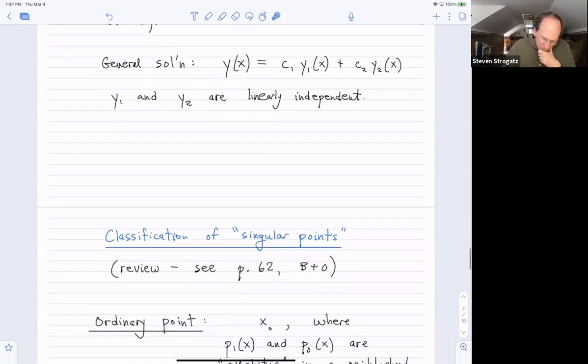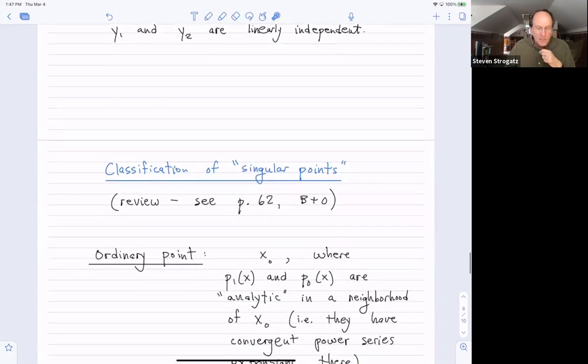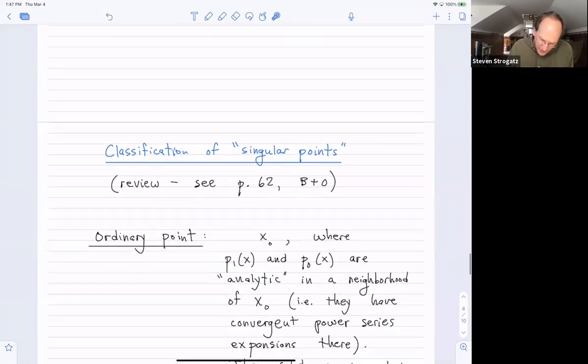Okay, so here are the three types of things that can happen in order of increasing excitement and horror. So the least horrifying and the dullest is if you just have an ordinary point x0 and you expand around that. Now what makes it ordinary is that these coefficient functions P0 of x and P1 of x are just as nice as they could be: they are analytic functions in some neighborhood around x0.